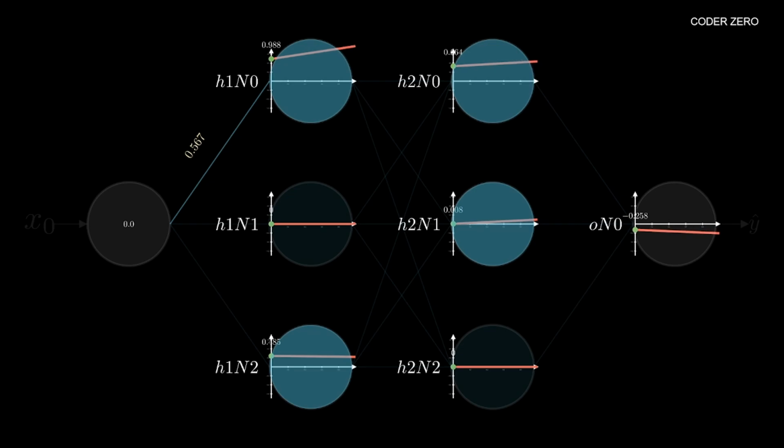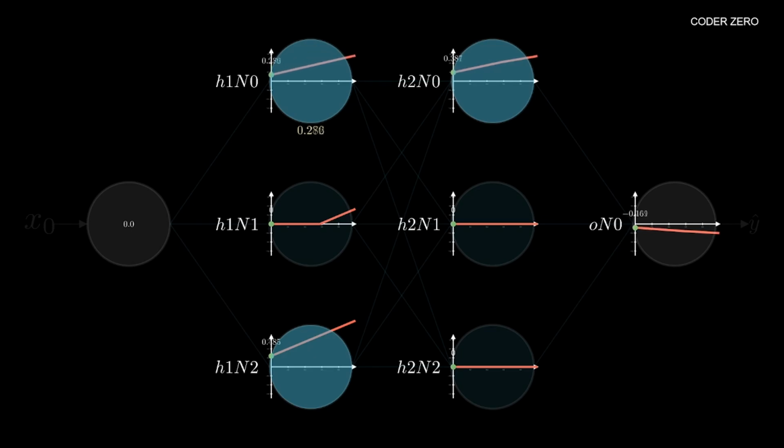Here we can see we are adjusting the weights of first layer, and then we are adjusting the biases.